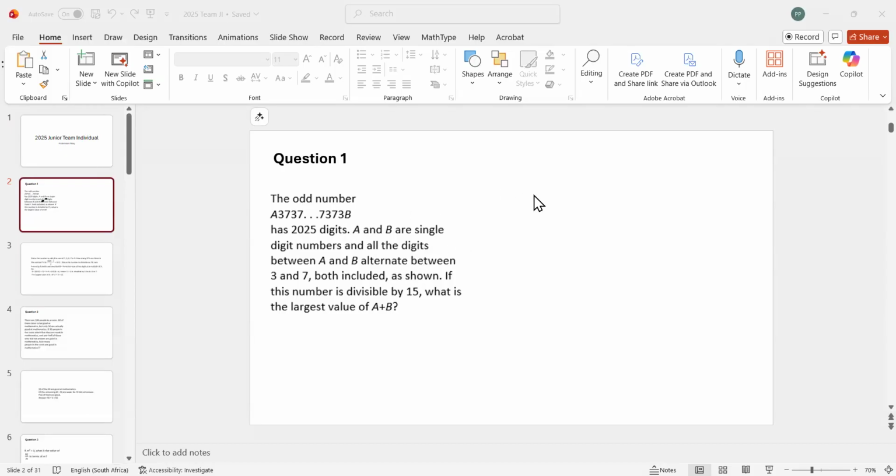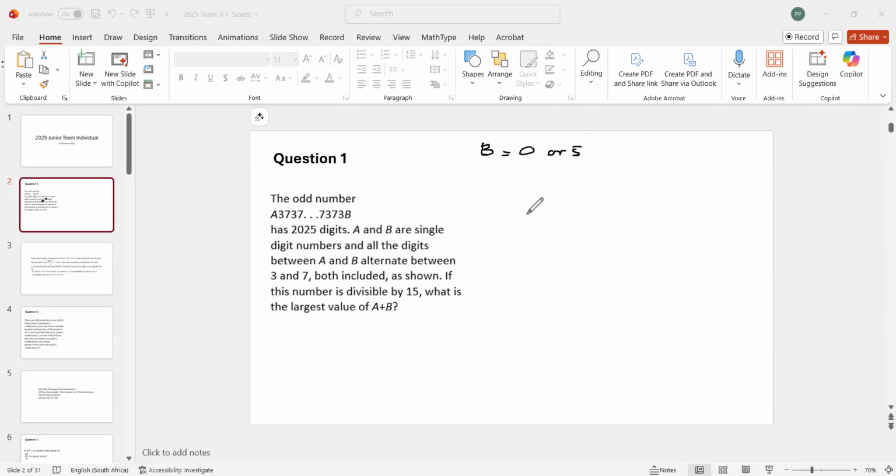So if it's a multiple of 5, then B is 0 or 5, because that's the last digit.